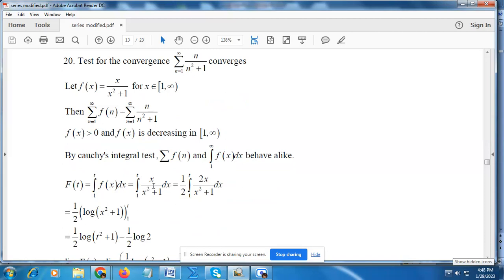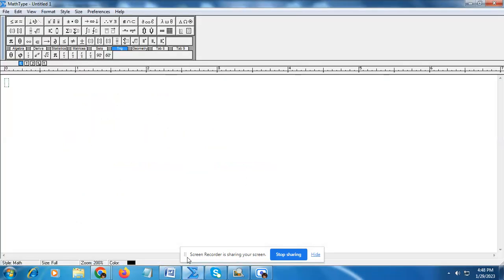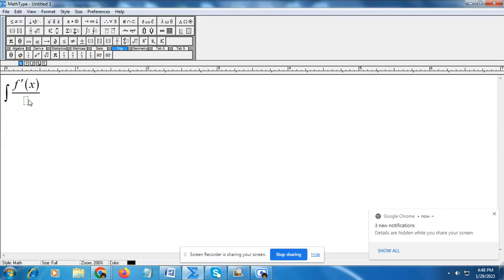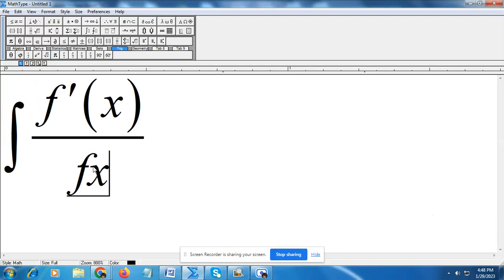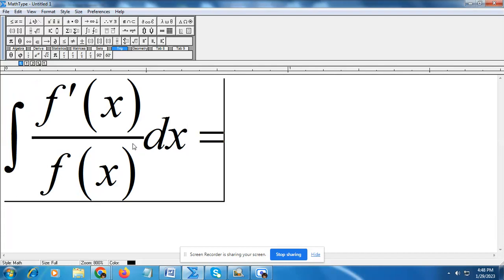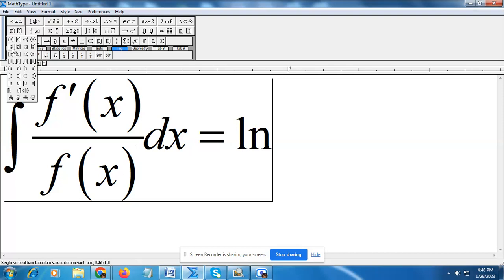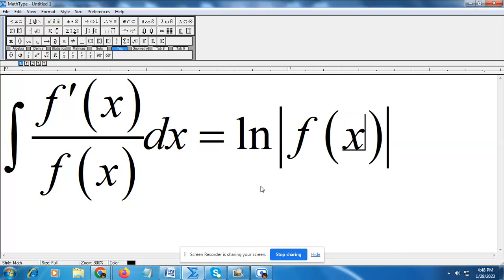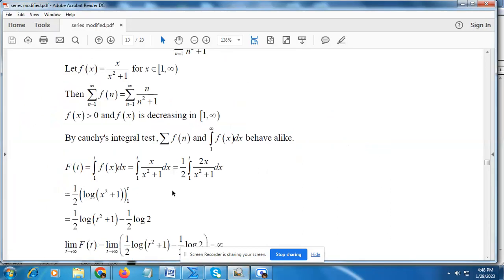So we have a formula: integral of f dash x by f of x dx is log mod f of x. The derivative of x square is 2x and the derivative of 1 is 0.